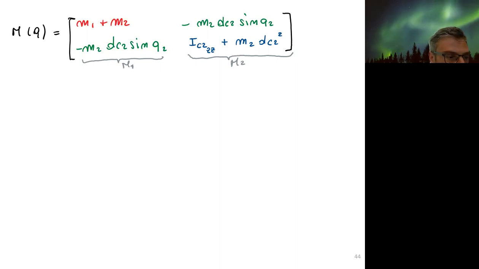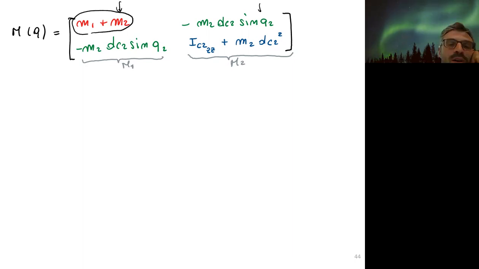And if you do that, you see that you have the mass matrix with this expression. This is the first column, this is the second column. You see that on the upper left you have the masses of the links.